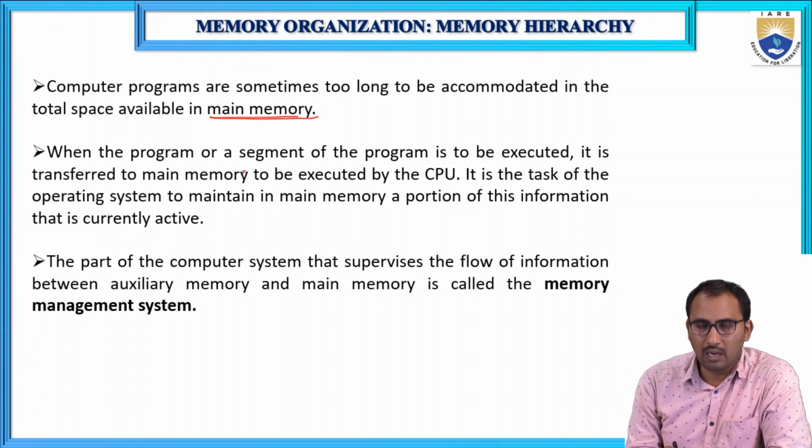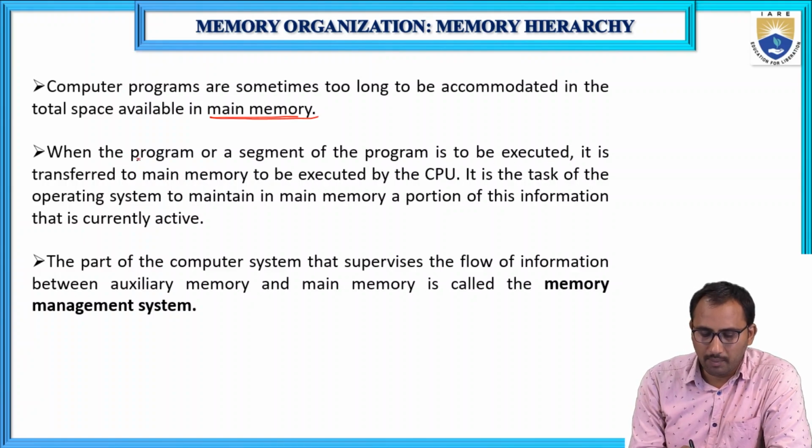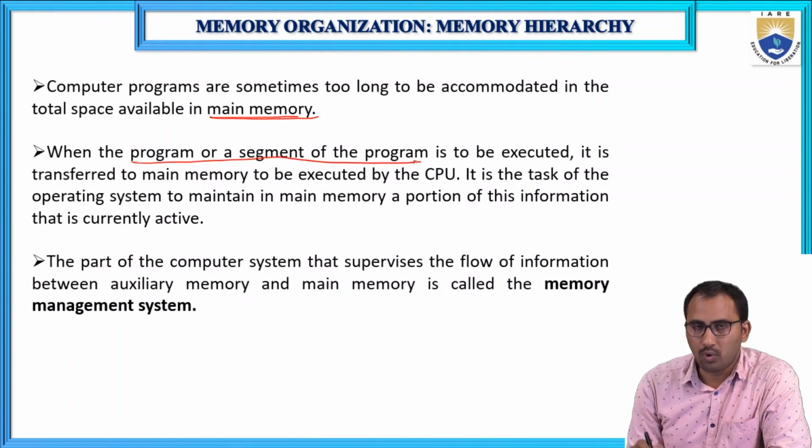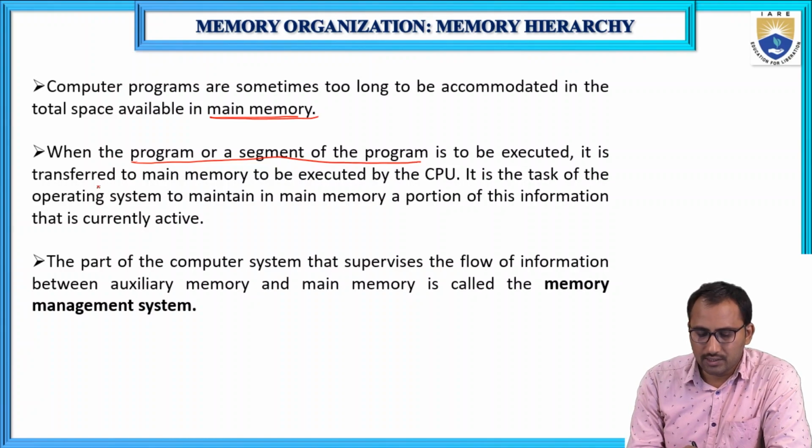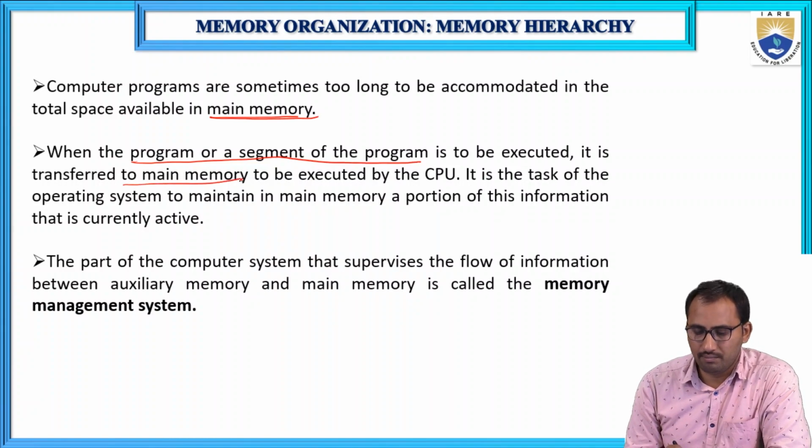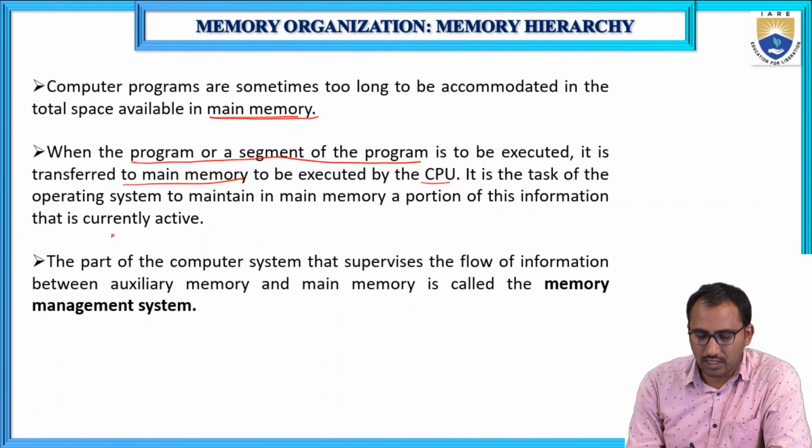When a program or a segment of the program is to be executed, it is transferred to the main memory to be executed by the CPU. It is a task of the operating system to maintain in main memory a portion of this information that is currently active.